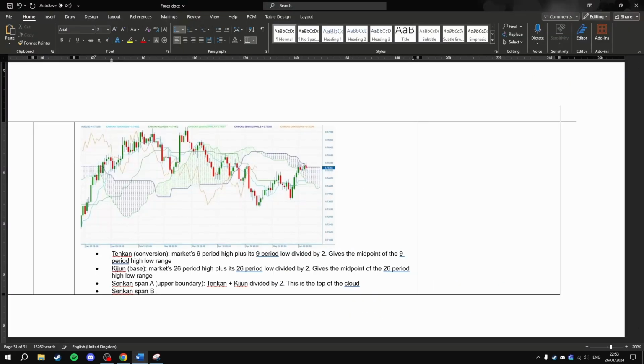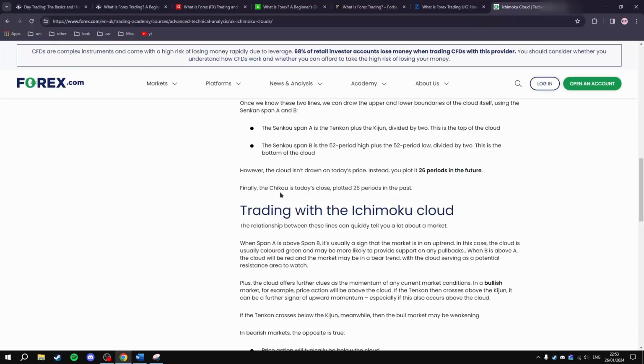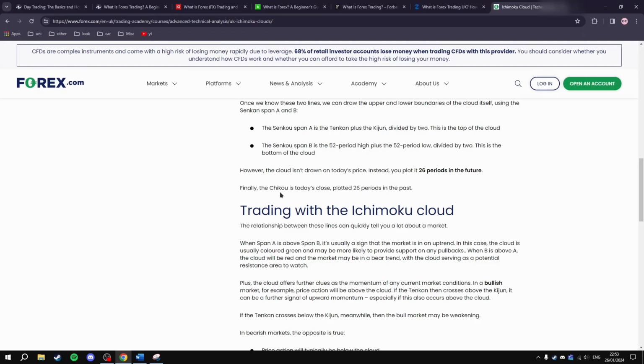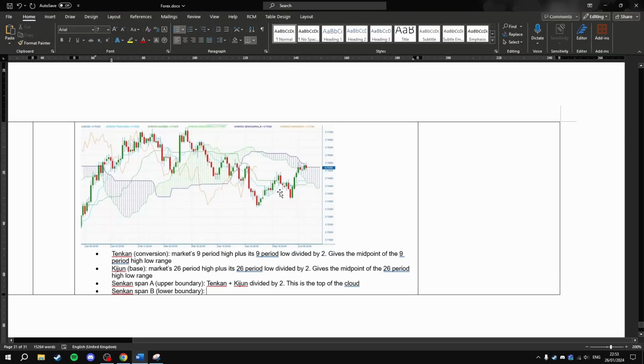Senkou Span B, lower boundary, is the 52 period high plus the 52 period low. I thought it was 26, how come it's 52 period now? However, the cloud isn't drawn on today's price, instead you plot it 26 periods in the future. Ah, right, okay.